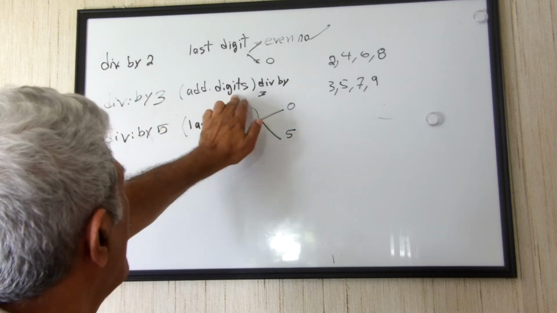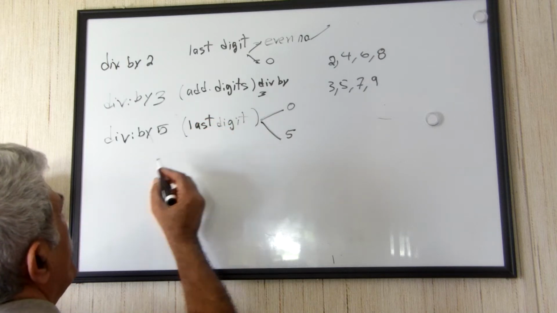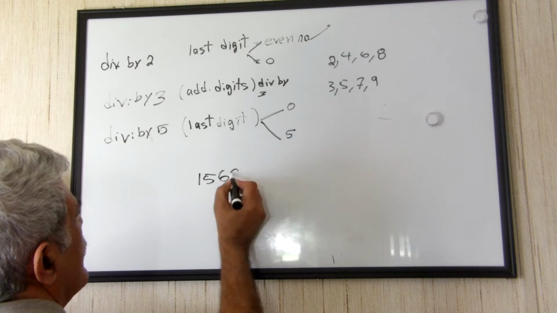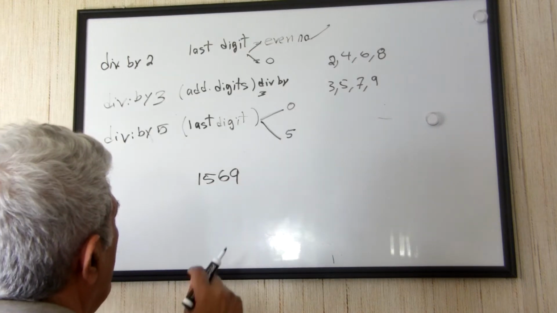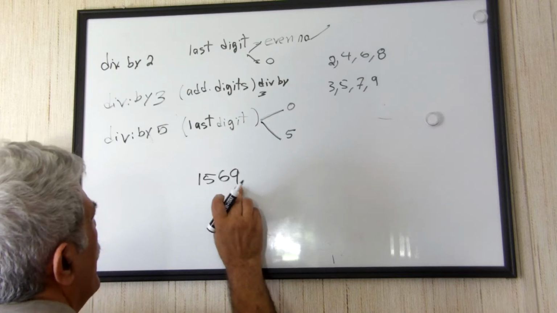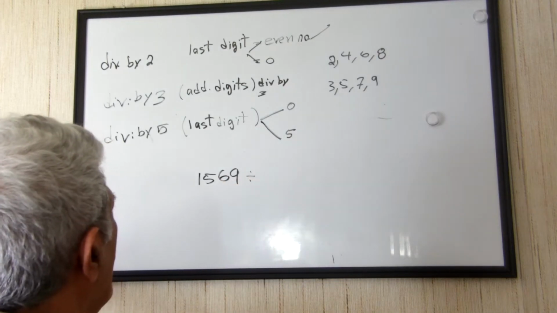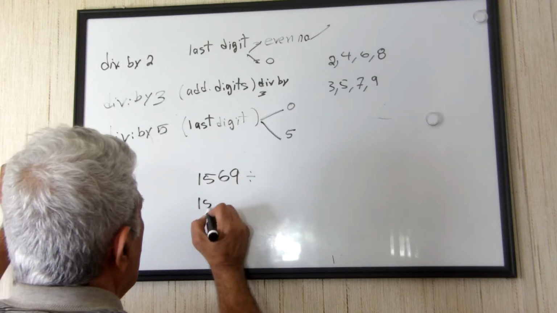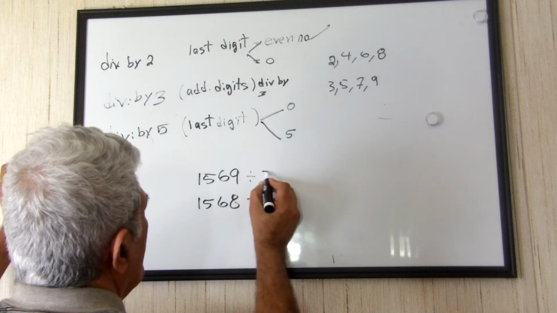Adding the digits together. Like I said, 1, 5, 6, 9, see if it's divisible by 3. Let's take these two numbers, 1569 and 586, and we want to divide them by 3.